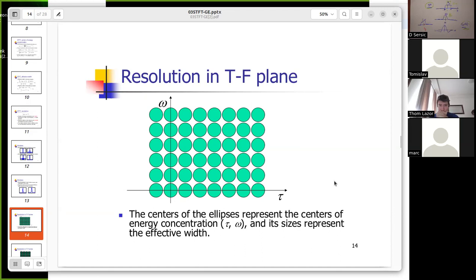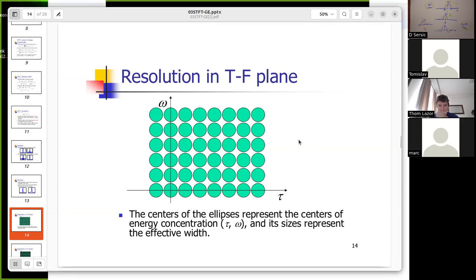For some given localization window, we can see some ratio, and let's say the centers of these circles correspond to the centers of our analysis function. We can put them everywhere on the omega tau plane by changing, of course, omega, and by changing the time shift tau. But everywhere the ratio between the two widths remains the same.